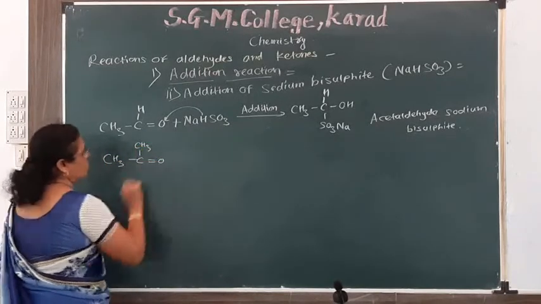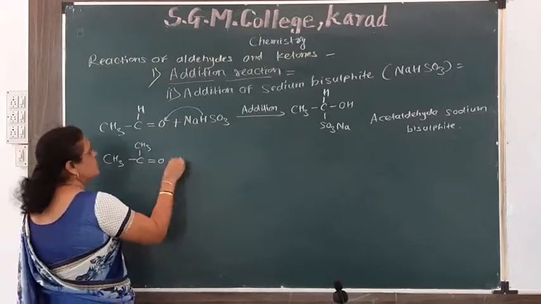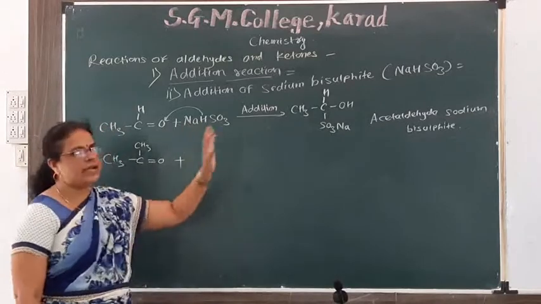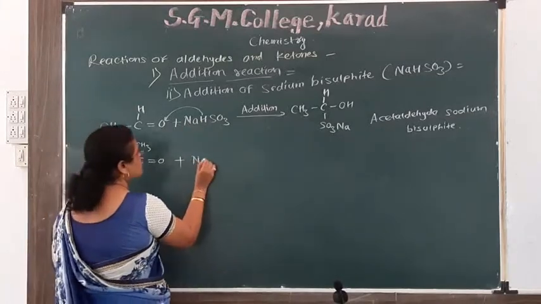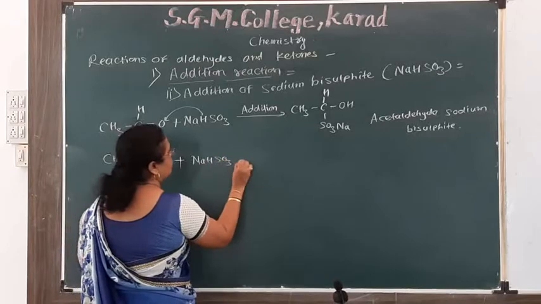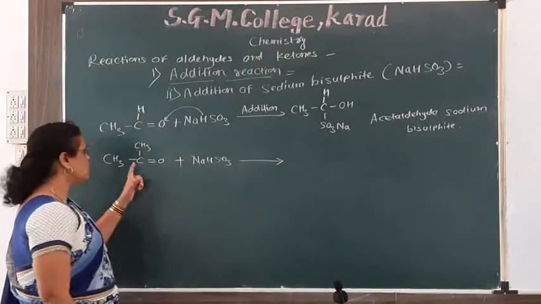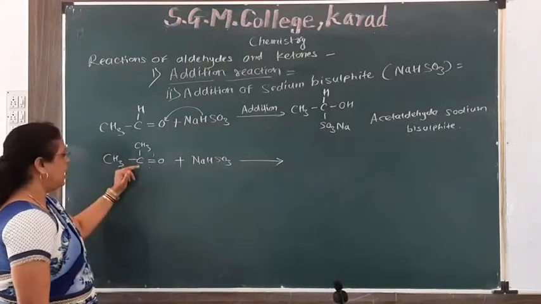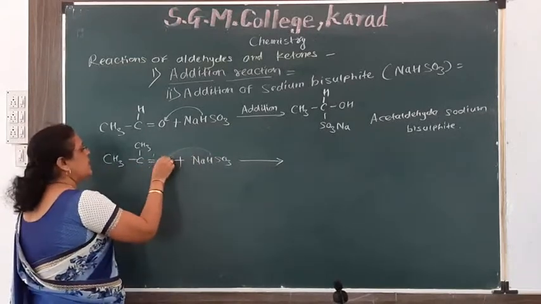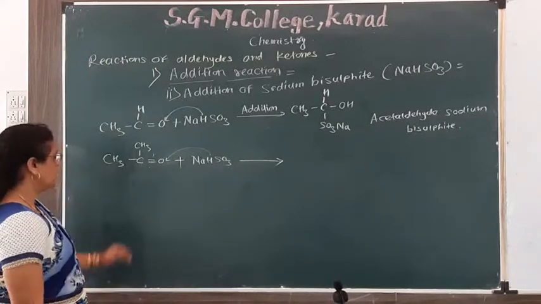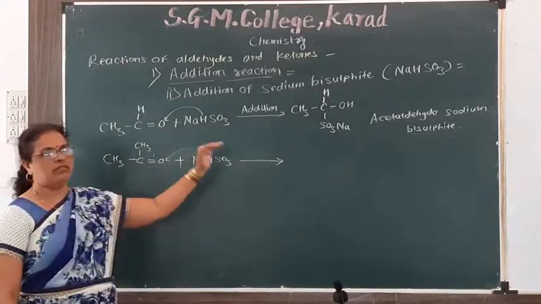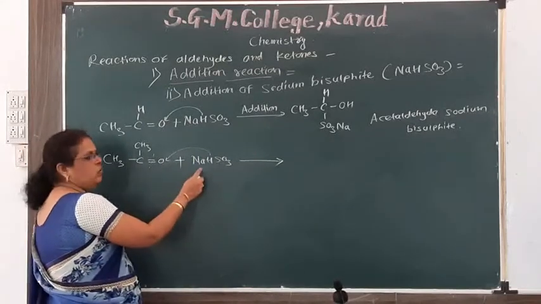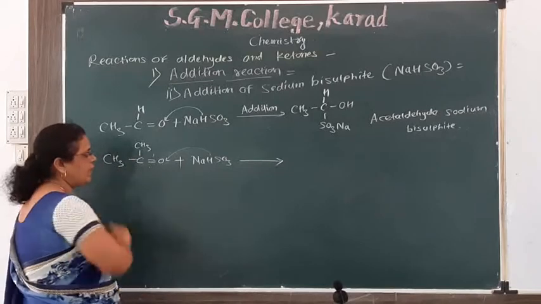In case of ketone, for example acetone, the formula of acetone is CH3COCH3, that is CH3CH3C=O. It reacts with a saturated aqueous solution of sodium bisulfite, NaHSO3. Here also the carbon-oxygen bond breaks, the hydrogen atom is attached to the oxygen atom, the sp2 hybridized carbon atom gets converted to sp3 hybridized carbon atom, and the SO3Na group is attached to the carbon atom.